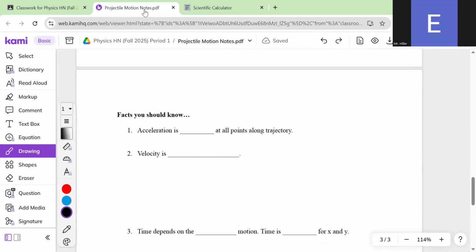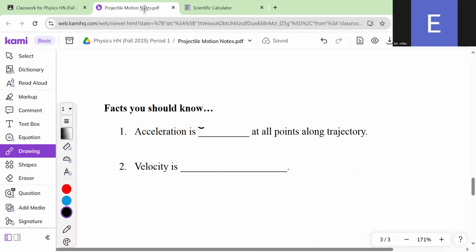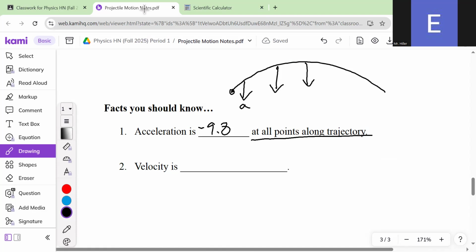Number one, acceleration is negative 9.8 at all points along the trajectory. So if this is my projectile, the acceleration A is constant all the way down, at the lowest point, highest point, anywhere along. Why?